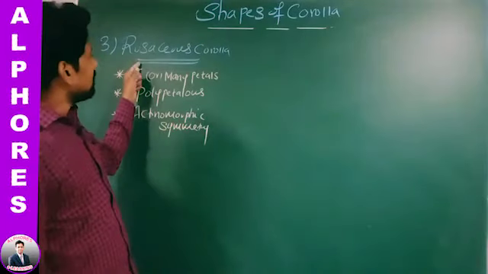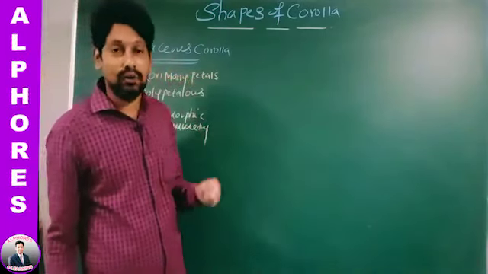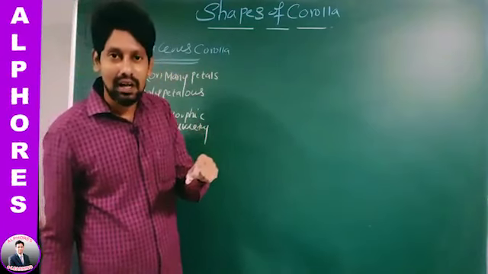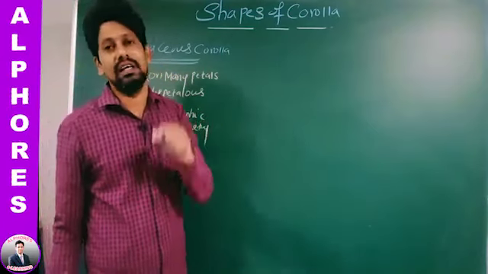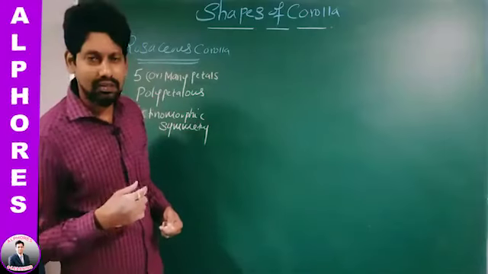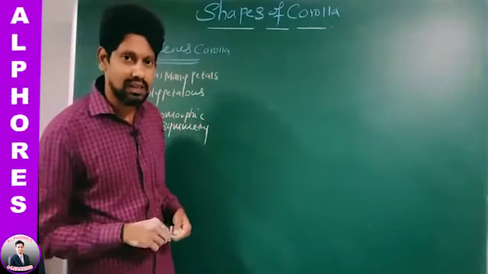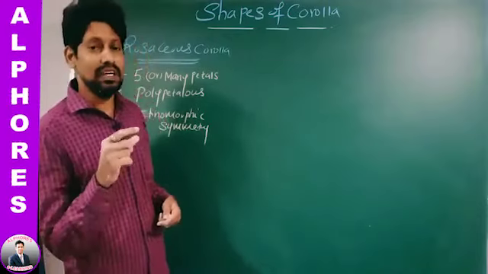In the case of rosaceous corolla, you cannot see the claw and limb clearly. Take a rose petal and try to differentiate claw and limb. It's not possible because we cannot see them clearly.